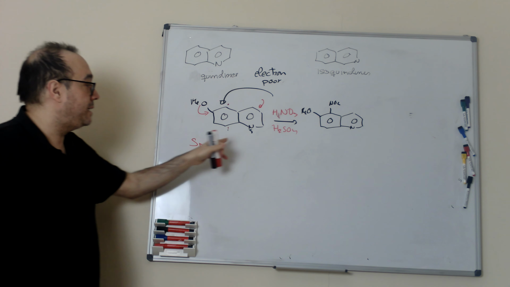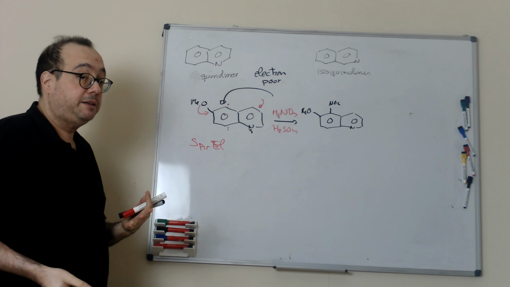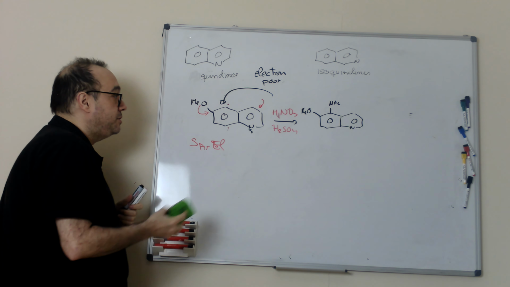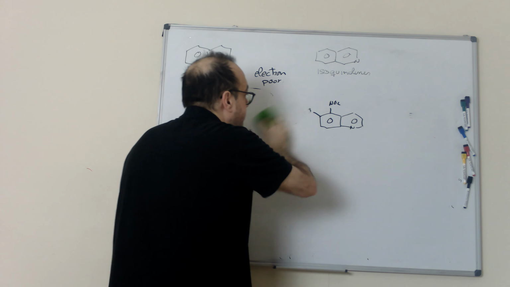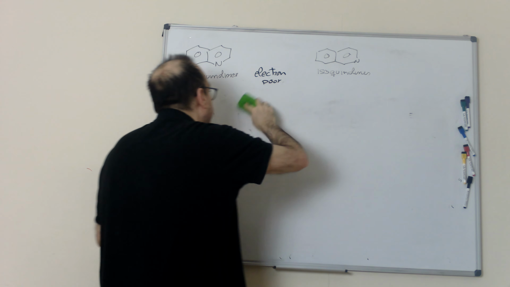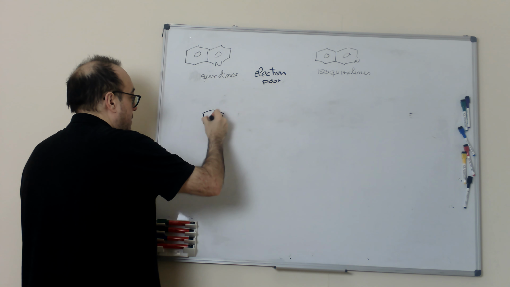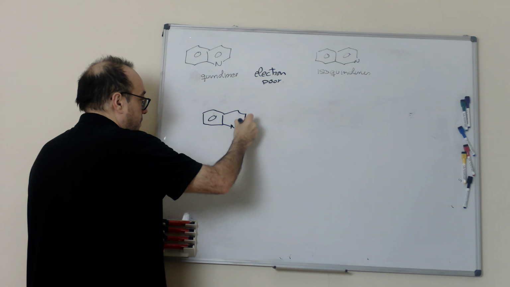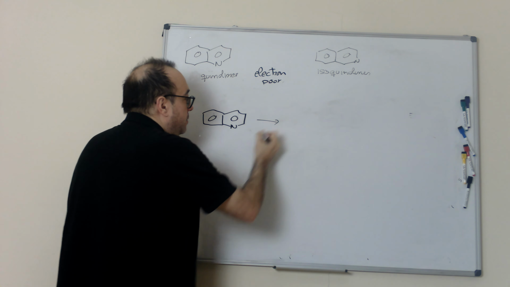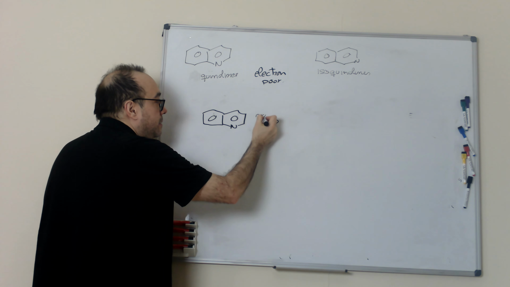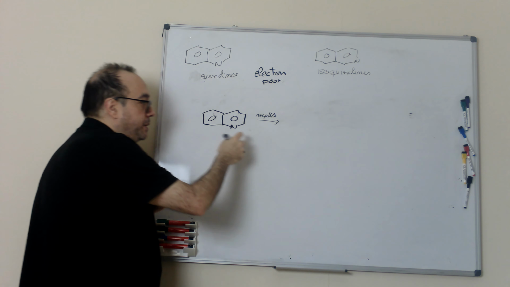If we want an electrophilic substitution in this ring, what we need to do is an analogous reaction to what we did with the pyridines. Okay? Basically, we have the isoquinoline, and the first step we use mCPBA to oxidize the pyridine.